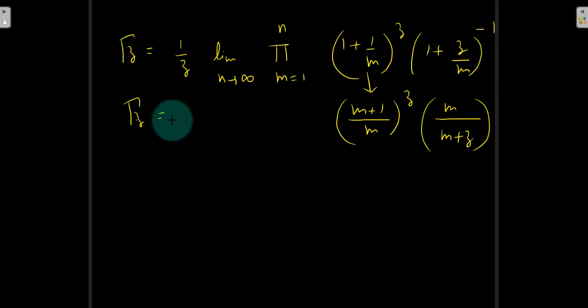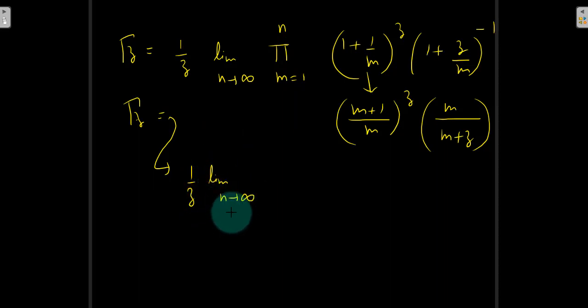Now if you just open this product for m is equal to 1 to n, what you are going to get? You are going to get 1 over z limit n tends to infinity, and for m equals 1, this will give you 2 upon 1.